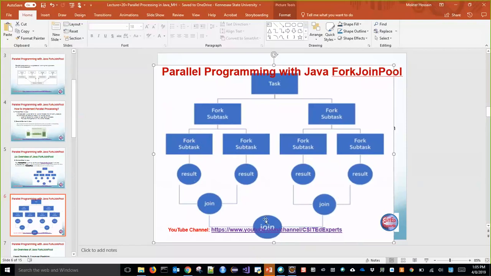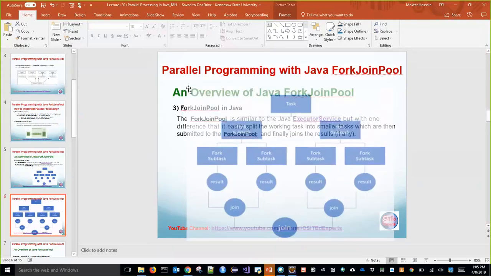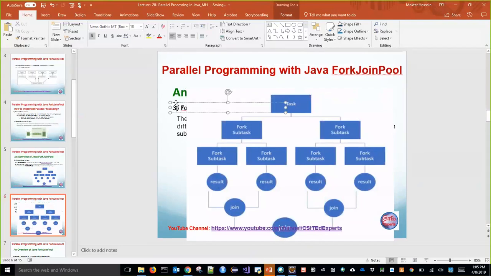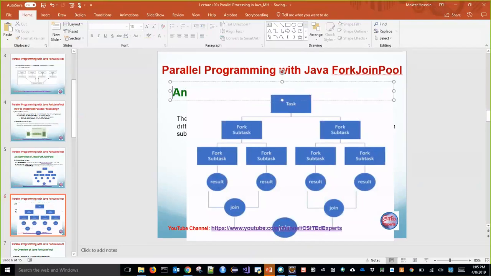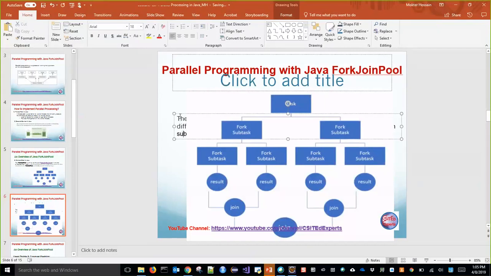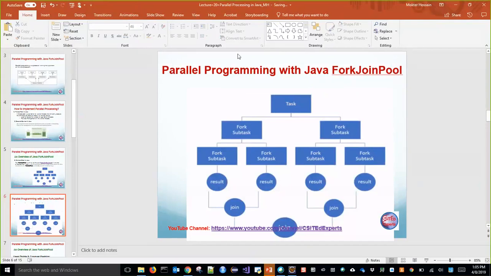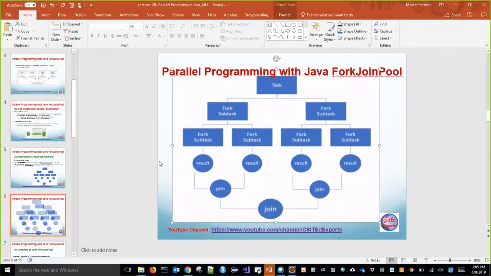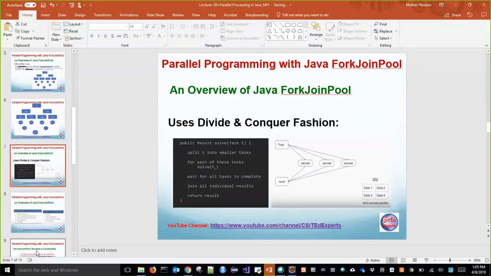This is a pretty understandable concept, right? It is doable. So this is the programming structure of a fork join pool.